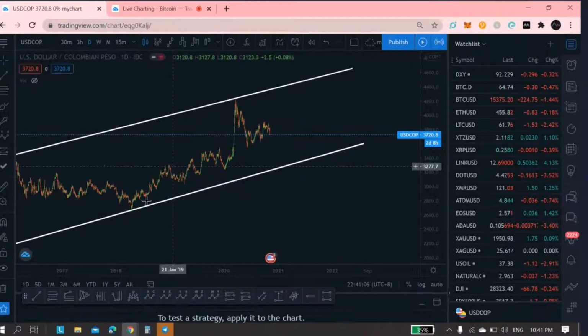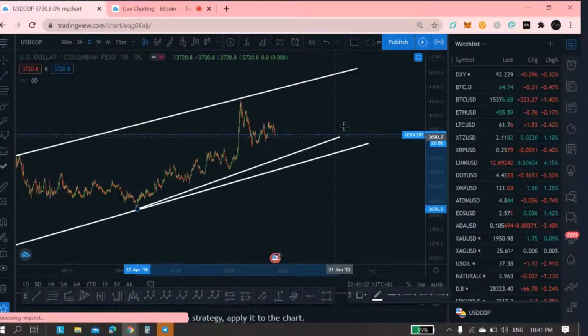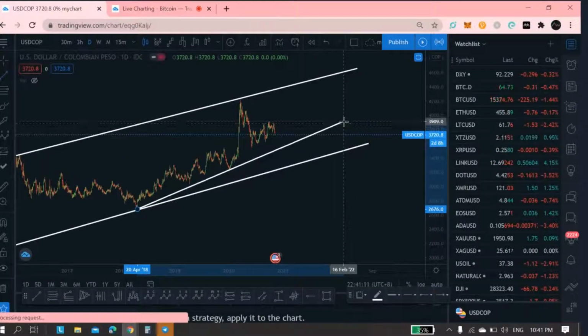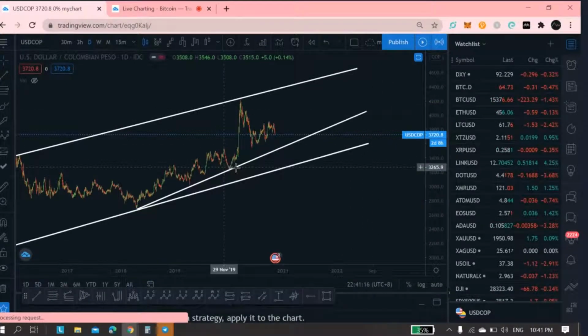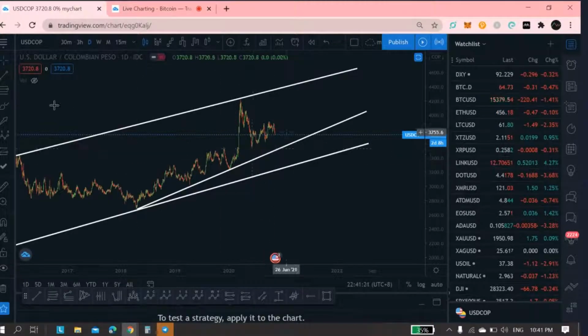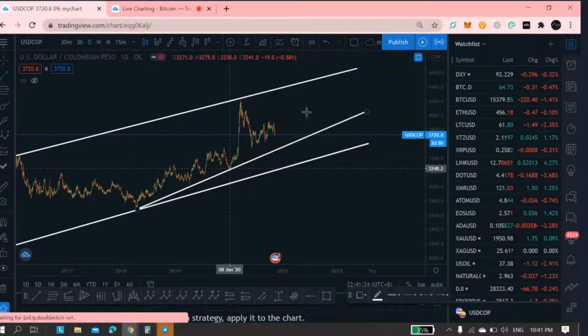So let's check if this is even here, because it could also serve as a possible support area. And then there is another there.